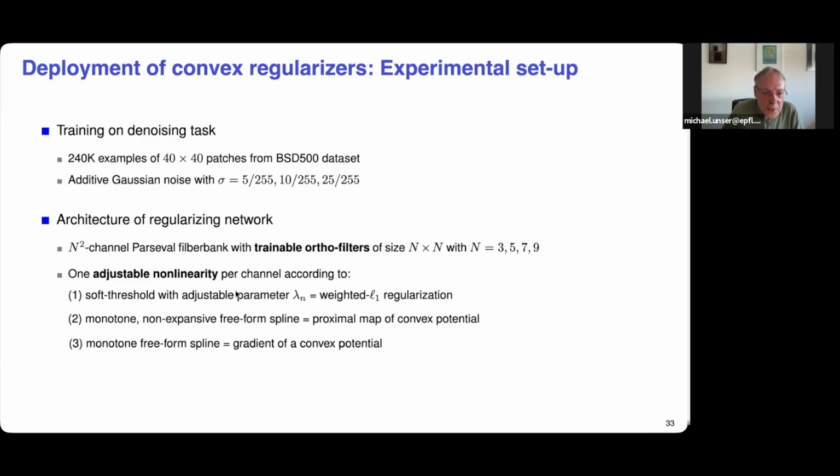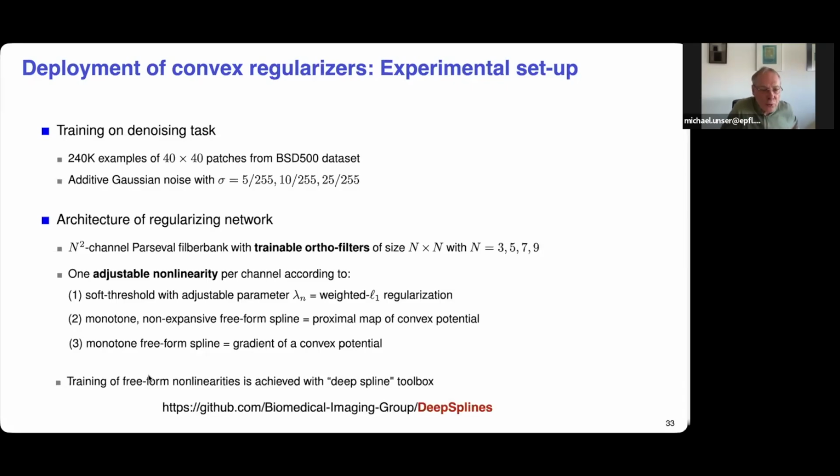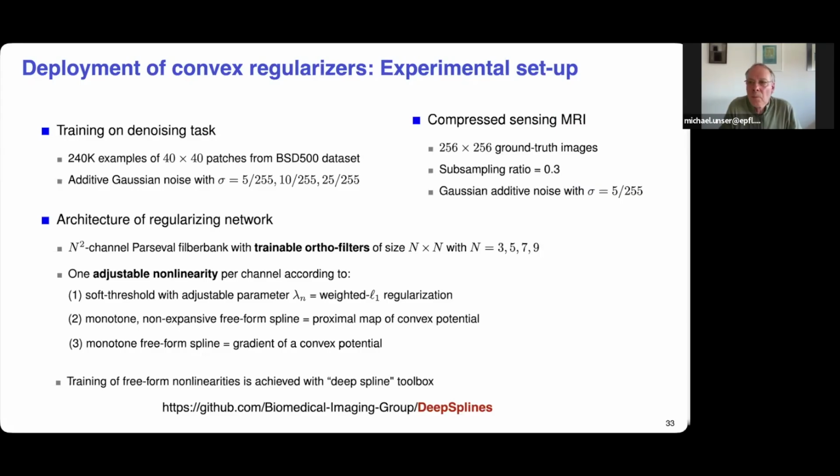So this is the theory, and this is just maybe to try to do more general. And now, how do you train the nonlinearities? We have a spline toolbox. It's not so much emphasized in this talk, but it is actually a framework that allows you to train nonlinearities. Okay, and then we are going to apply that to compressed sensing MRI.